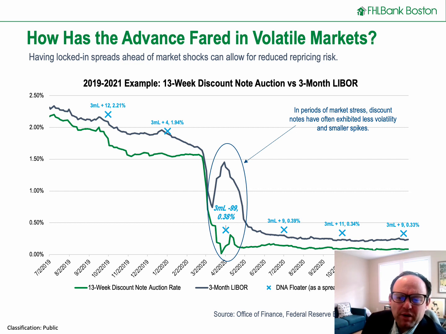Now, we never know when exactly that is going to rear its head, but looking at how LIBOR widened out when we did see that extreme volatility in March of 2020, and then seeing what the all-in cost for a DNA floater was, and how low discount notes were relative to LIBOR, we can see that it benefited those members who had long-term liquidity but with floating rate exposure heading into this period of falling rates yet widening spreads.